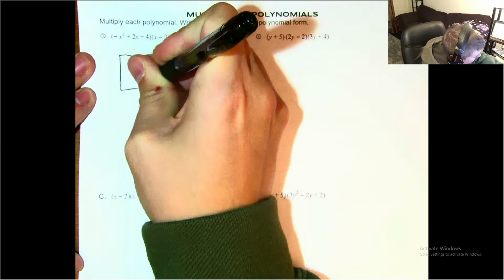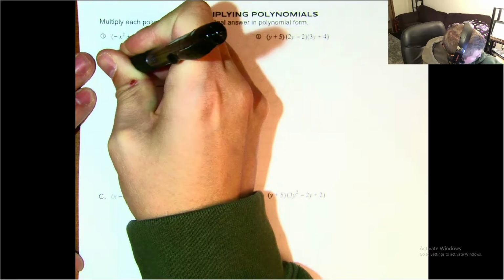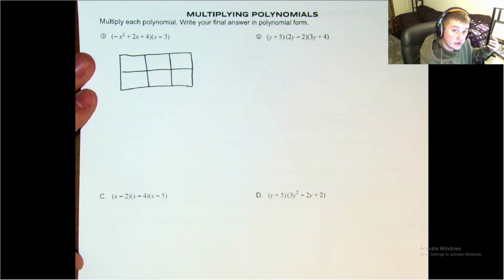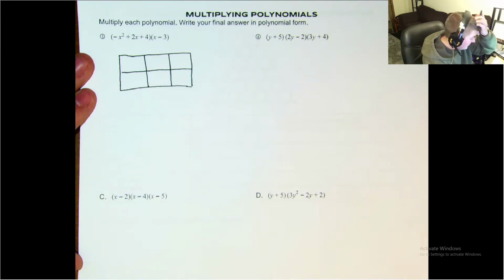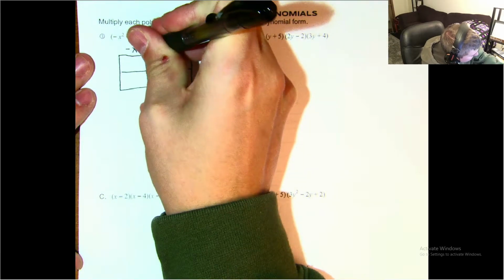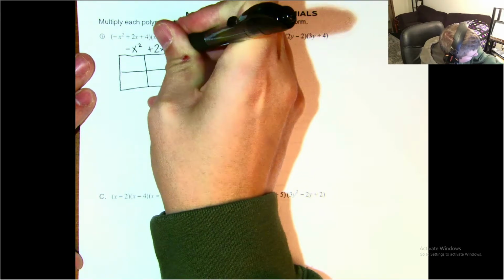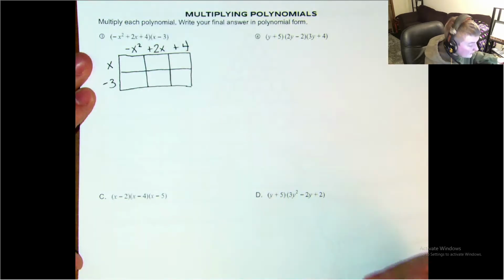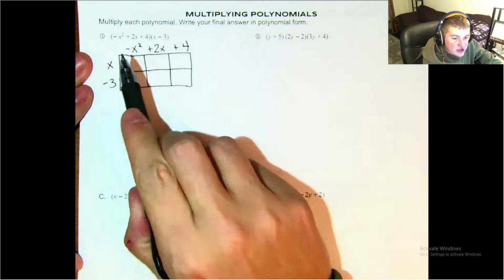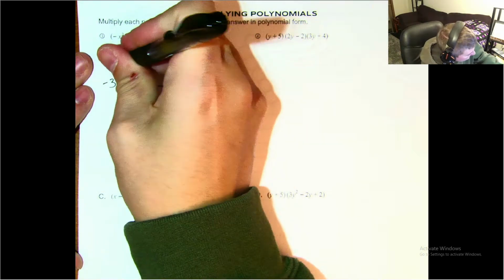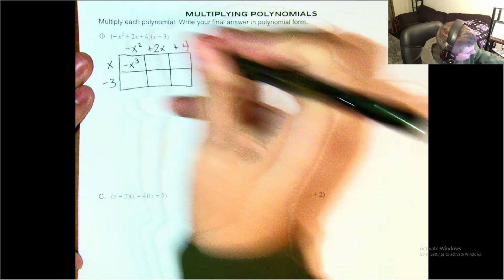Okay, so here we have a 3 by 2 box now because I have a 3-term times a 2-term. If you had a 3-term by a 3-term, you would use a 3 by 3 box. Okay, so I'm going to go ahead and put minus x squared, plus 2x plus 4, and then x minus 3. Okay, and so then we can just go ahead and do the same thing. X times negative x squared, well, that's going to be negative x cubed.